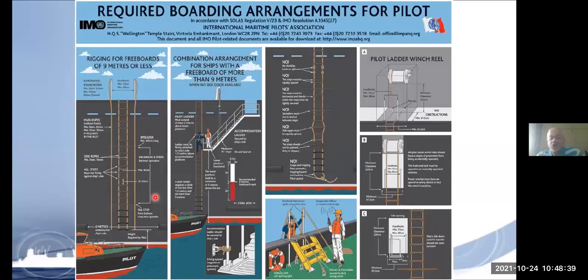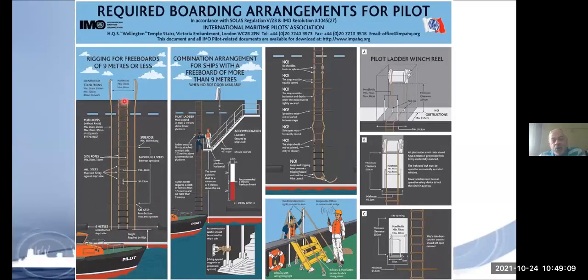Because the ship is at sea, 5 miles outside the port, there can be a lot of waves, a lot of swell, a lot of current, and there may be wind or snow or rain or thunder showers. And in such a scenario, the pilot has to go on the ship. So how is this done?